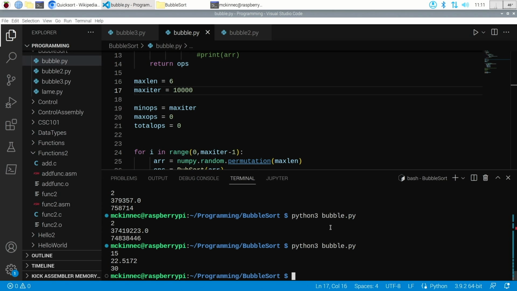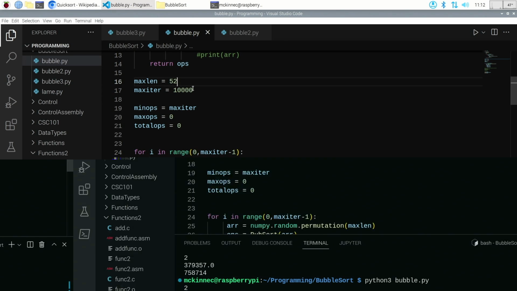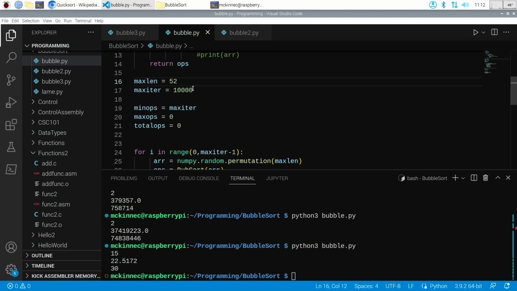Now, let me change this, and let's say that we do it with 52 cards. What should the maximum and minimum be before I even run it? How am I going to calculate that? What was our formula? If I've got 52 cards, the minimum would be 52 times 51 all over 2, or 52 times 26.